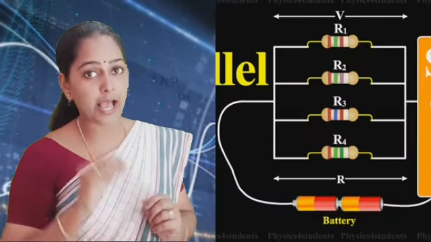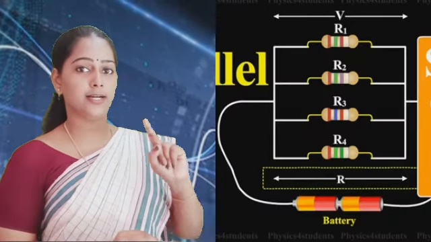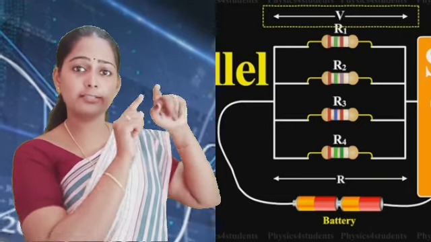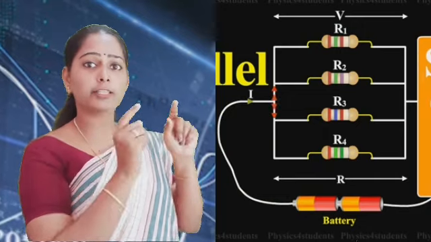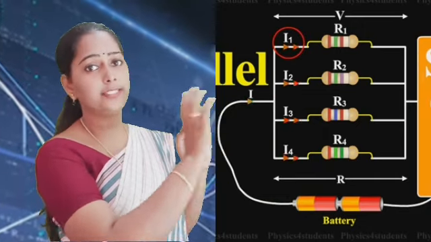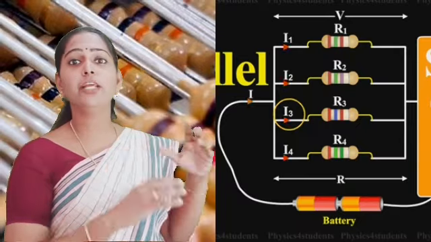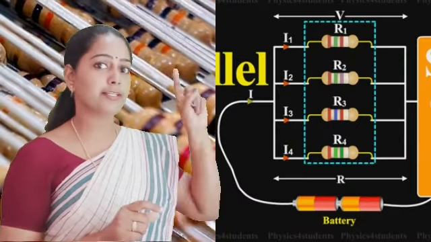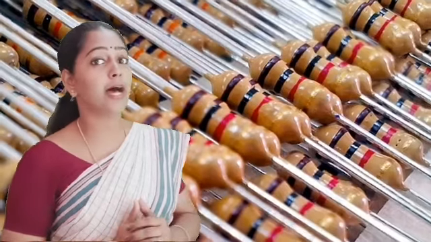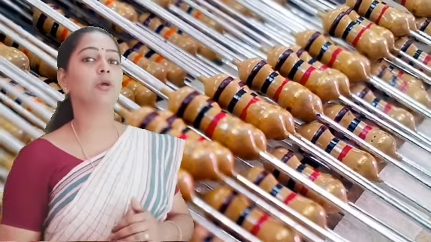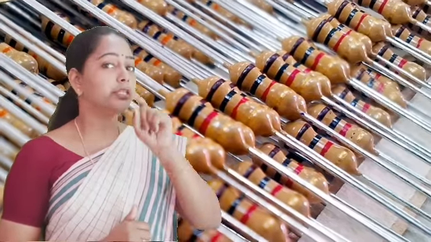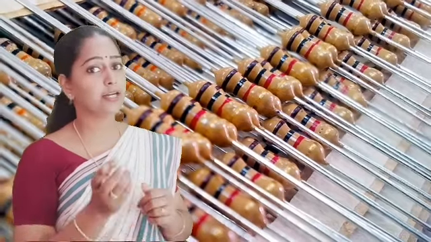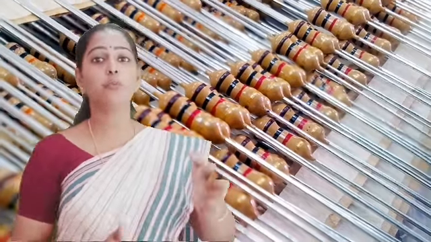In the case of parallel, there are branches. The current reaches the junction, and then it splits into I1, I2, I3 and so on. If there is a junction and branches, that is the parallel combination. At the same time, some resistors may be in series and some in parallel. That circuit also I will explain. Let us go and watch the video.